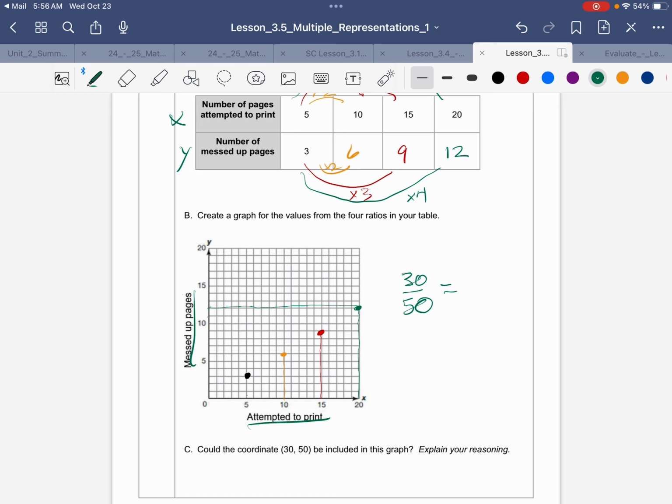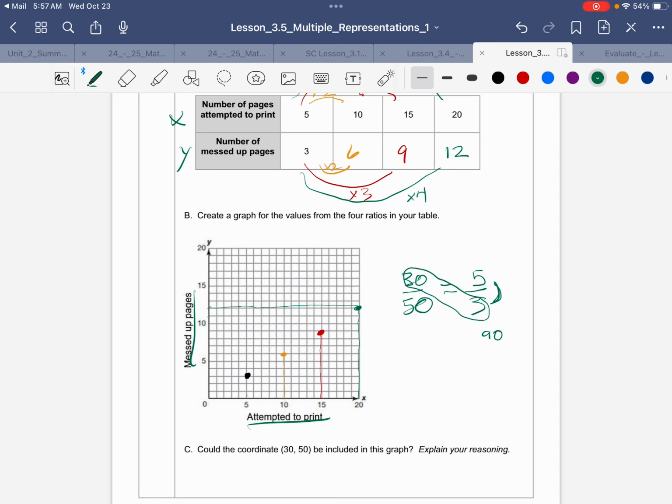I would say no, looking at the back, because it looks like these two are flip-flopped. Even if you check to see if it's proportional, this would be 90, and this would be 250. So they're not proportional.